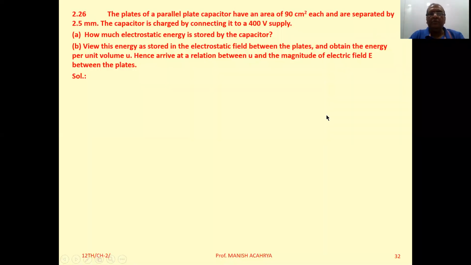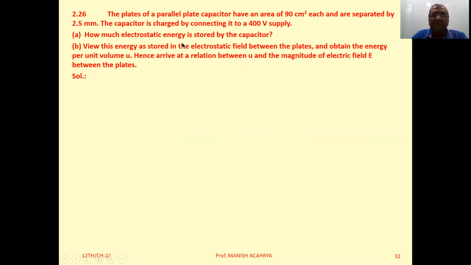Now example 2.26. The plates of a parallel plate capacitor have an area of 90 centimeter square each, and are separated by 2.5 millimeter. The capacitor is charged by connecting it to a 400-volt supply.